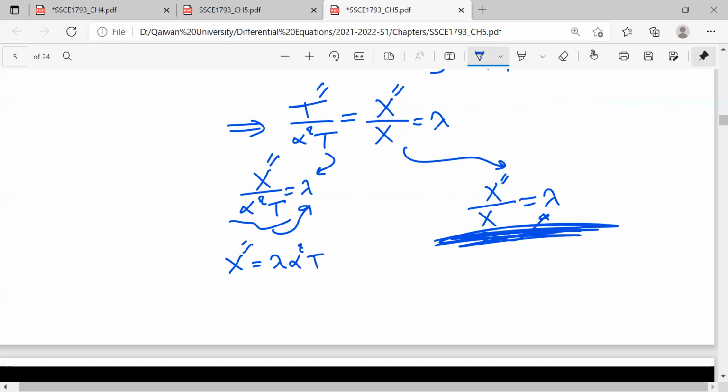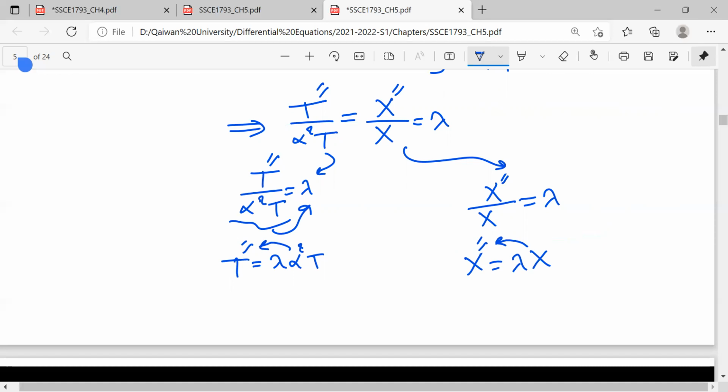Okay, and here for this one, how do we remove this x here? We multiply both sides by x. We get x double prime equals lambda x. And now we move this to the left, and we also move this to the left. So this is t double prime, not x, sorry. And here we say t double prime minus lambda alpha squared t equals 0.